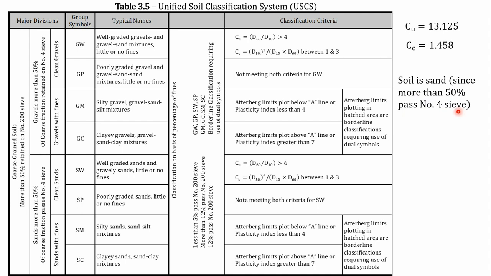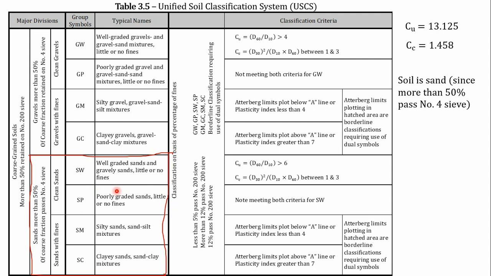So this is sand class. So therefore, titingnan tayo class. From 8 possible answers, nagiging 4 na ito. It's either SW, SP, SM, at SC na lang. Nagkakunti yung possible answer natin class.